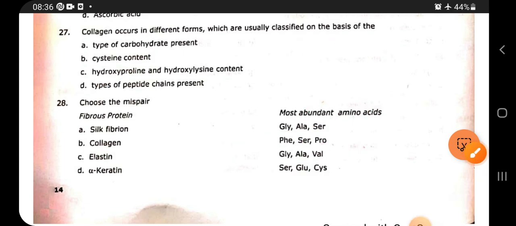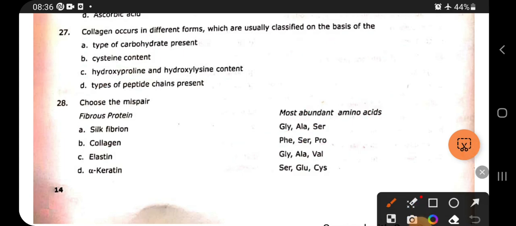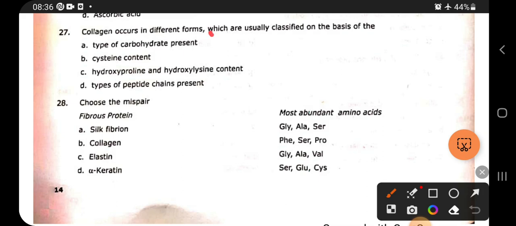You can also answer this question by elimination. Type of carbohydrate present: where do you find carbohydrate? At O-linked glycosylation on hydroxylysine, right? So that can't be a characteristic feature because that's an exception. Then cysteine content: no, you can't find that.